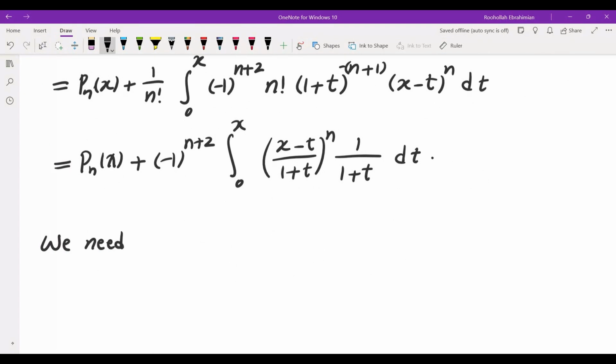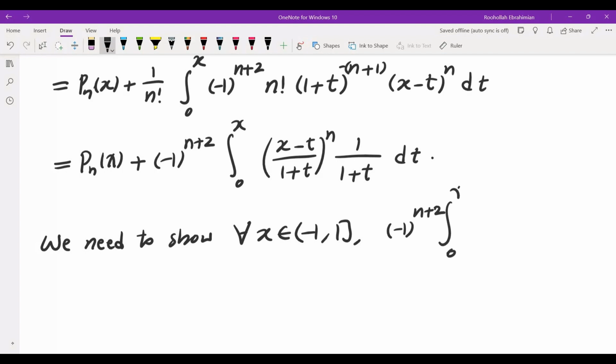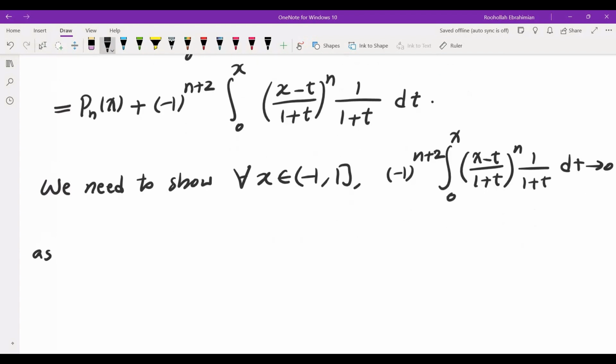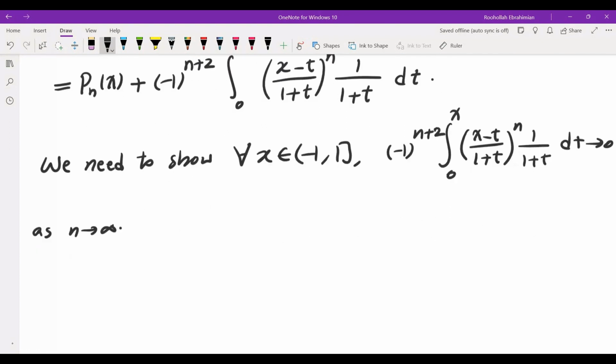So we need to show for every x inside the interval -1 to 1, the expression -1 to the power of n plus 2 integral from 0 to x, x minus t over 1 plus t to the power of n, 1 over 1 plus t dt approaches 0 as n goes to infinity. So this is the thing we need to show.